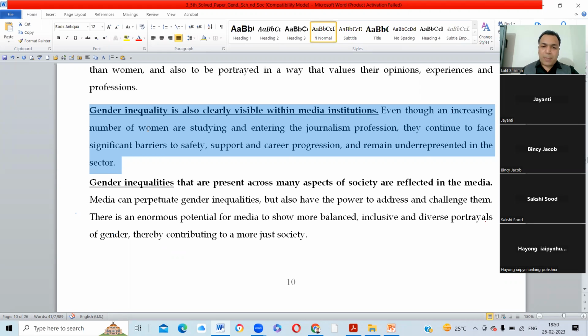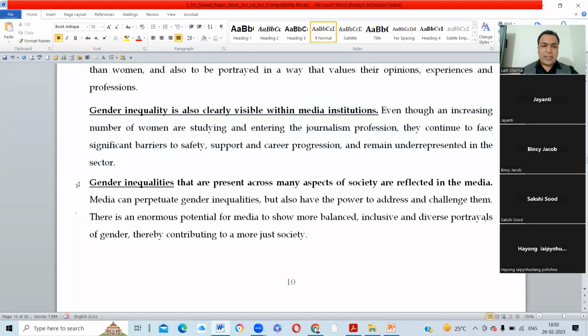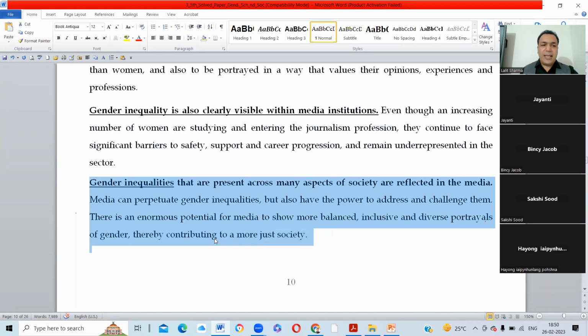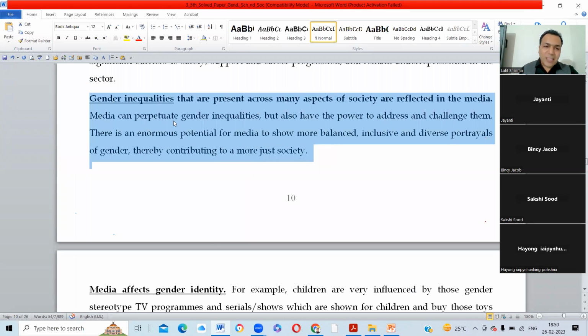Gender inequalities that are present across many aspects of society are reflected in the media. Media can spread gender inequalities, but also have the power to address and challenge them. There is an enormous potential for media to show more balanced, inclusive, and diverse portrayals of gender, thereby contributing to a more just society. Right?